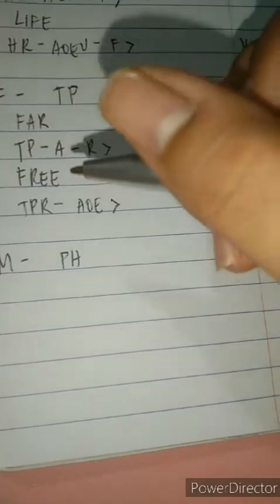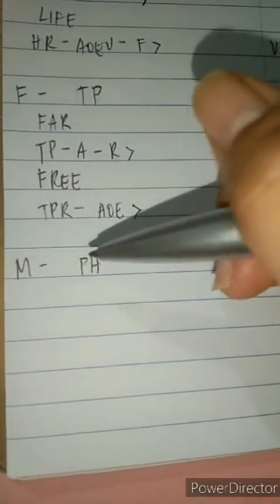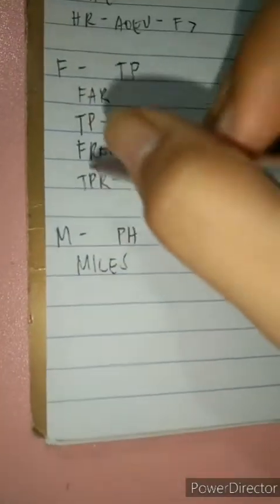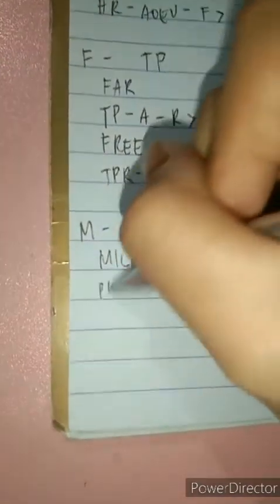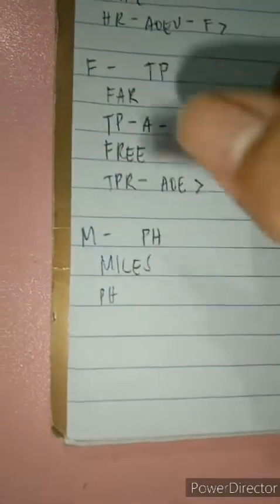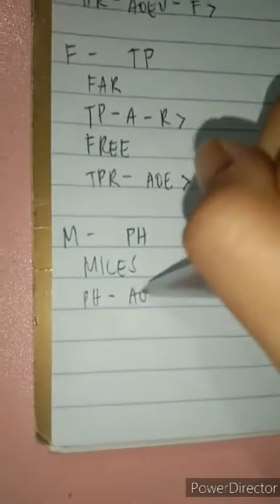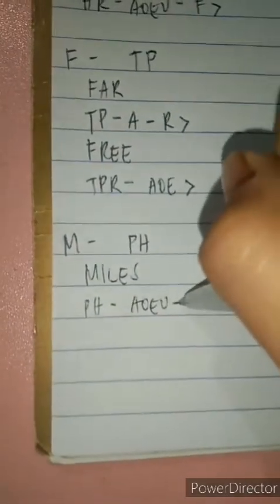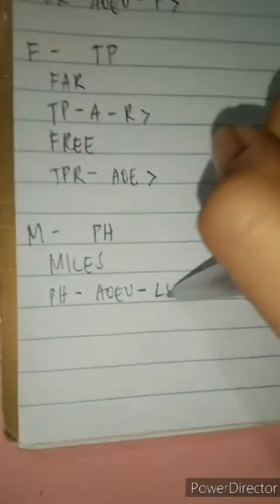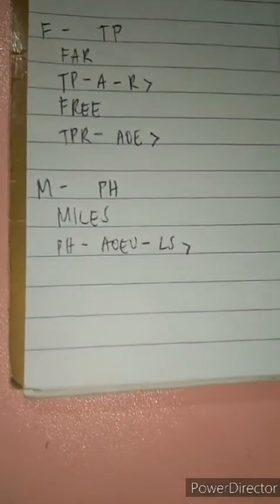And the next, M represented by P and H. So, example, miles. So, PH for the letter M, and then long I, A, O, E, U, and then L, and ending sounds L and S, and then release.